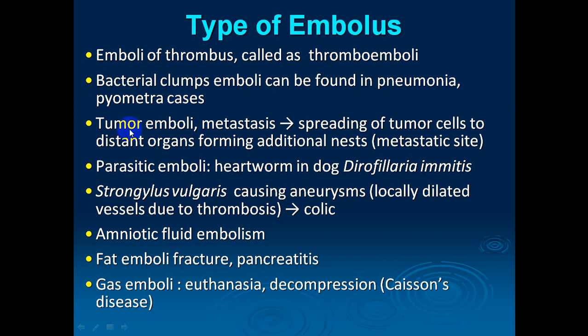Emboli can also be tumor, because tumors spread into distant sites, which we call metastasis. Or emboli can be parasites like heartworm parasites in dogs, Dirofilaria immitis, or Strongylus vulgaris, causing aneurysms and colic.